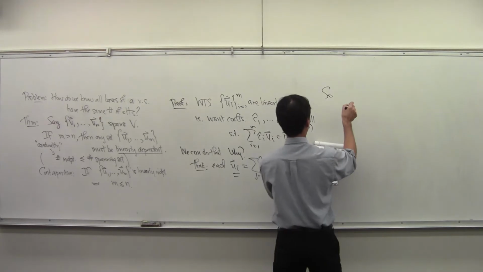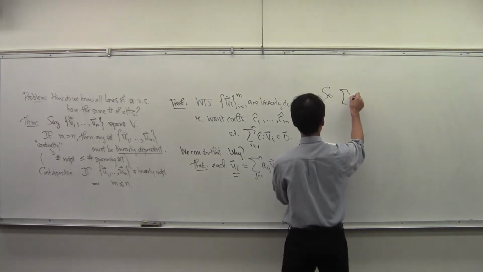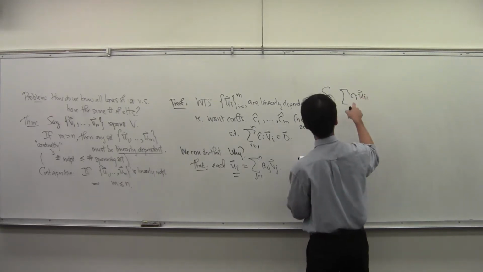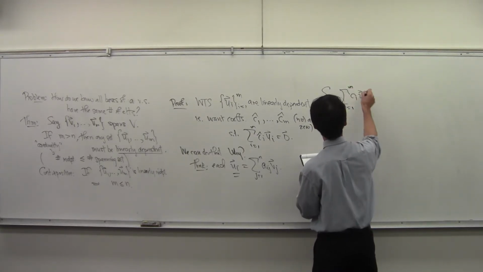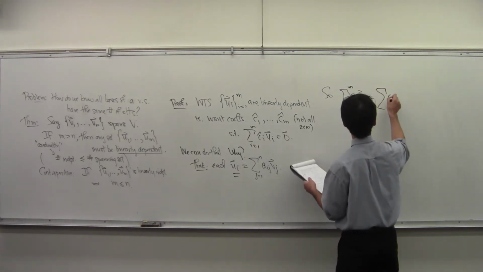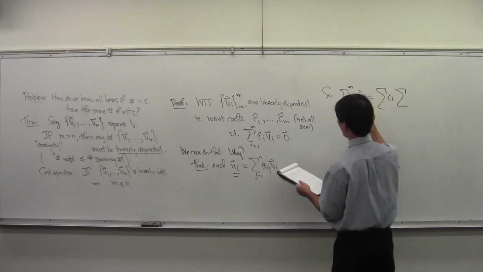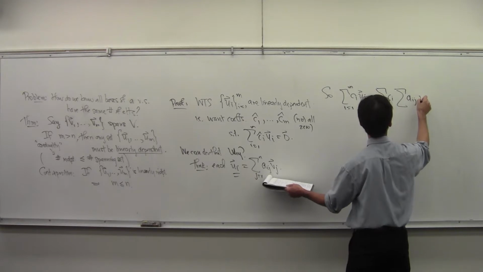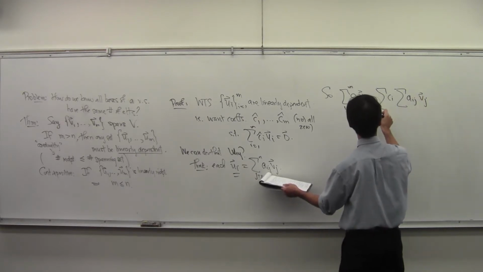So if we consider the summation of CiUi from i equals 1 to m, that's the same thing as the summation of Ci times ui, but each of the ui's is expressible in terms of the vi's, with i equals 1 to m, j equals 1 to n.